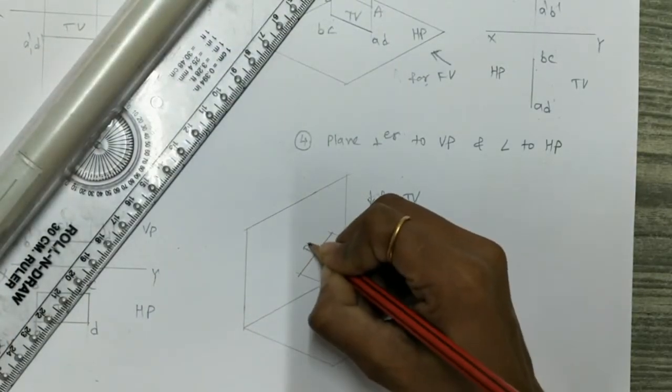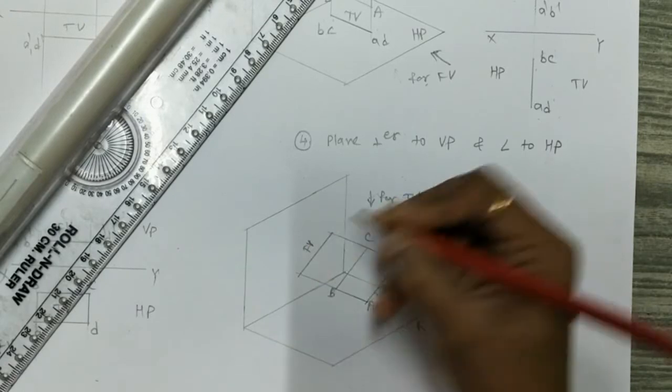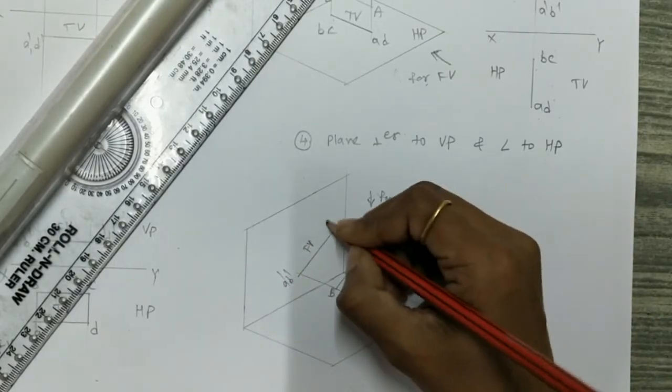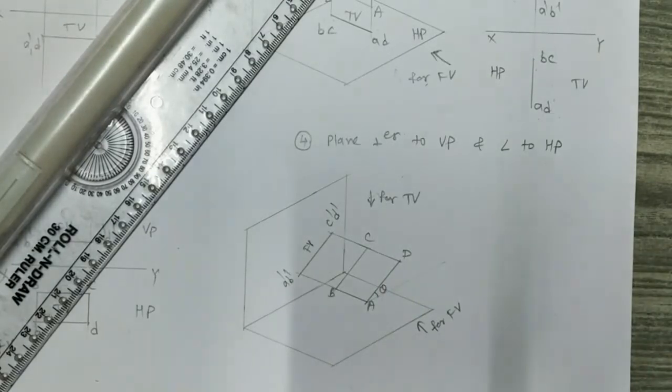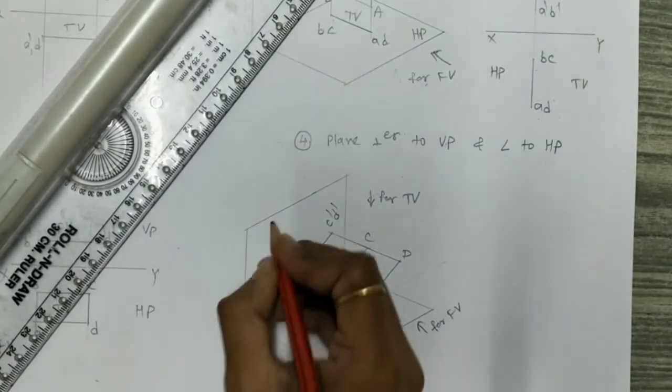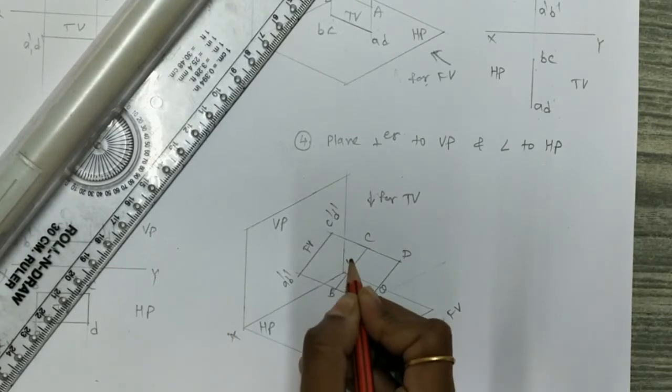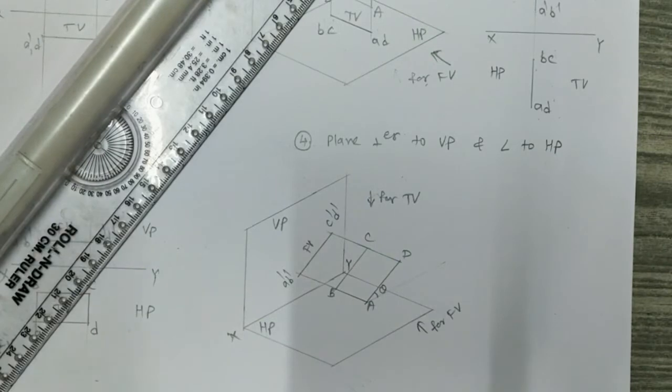So this is front view. Give name A dash, B dash and C dash, D dash. This is VP and this is HP. Give name to line as X, Y. Now we will draw top view.